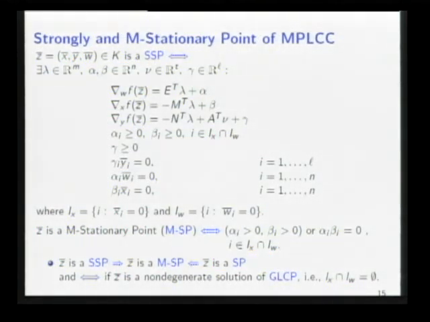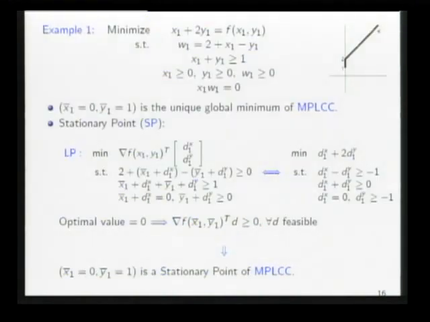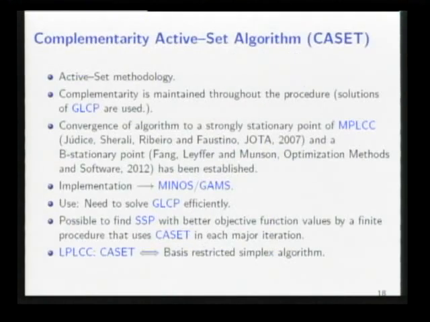And the algorithm that I propose, that's just an example, just to verify, is what I call the complementarity active set method. And this is an extension of the active set method that maintains complementarity in each iteration and terminates, I would say strongly, but now I have proved that this algorithm terminates in an M stationary point, okay?